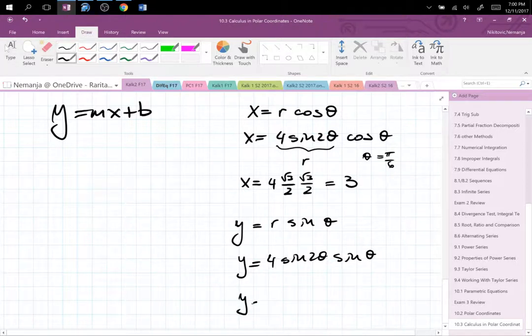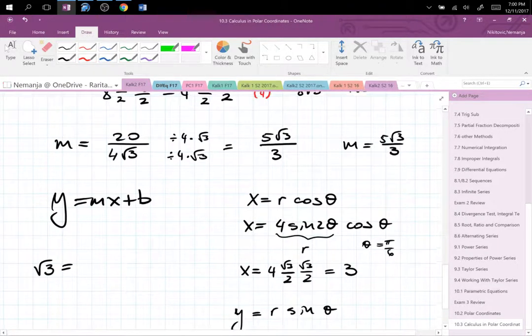So y is equal to 4 times sine of pi over 3, which is root 3 over 2, and the sine of pi over 6 is 1/2. So this is just root 3. Yay. Y is root 3.